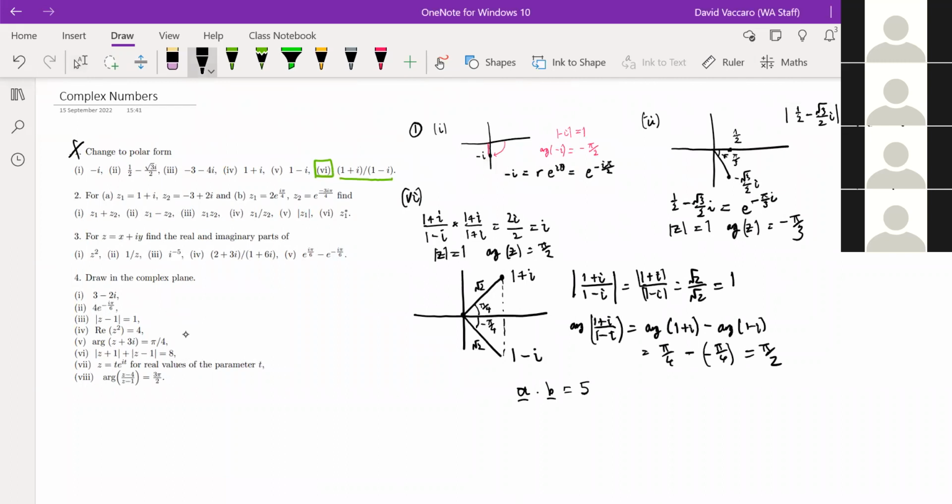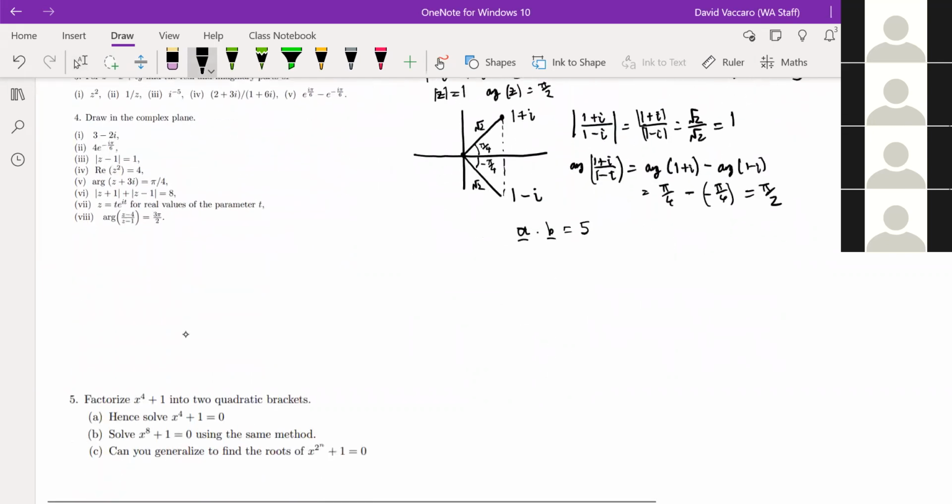So this is drawing in the complex plane. So part i should be bread and butter. If we've got a complex number written in, one could call it Cartesian form or real and imaginary components, you can just read off the real and the imaginary part.